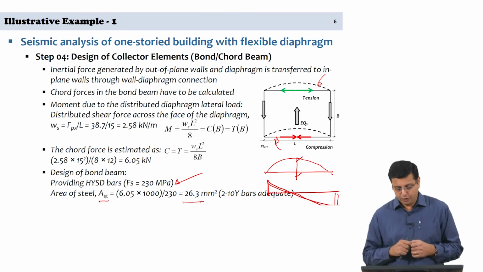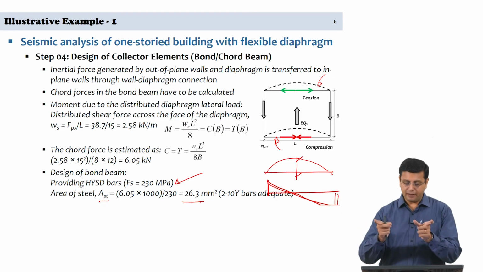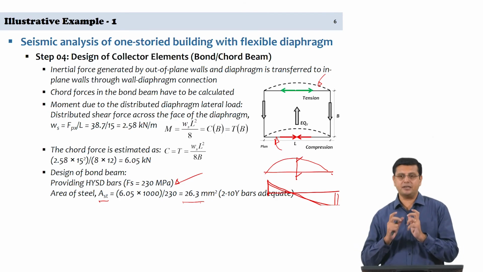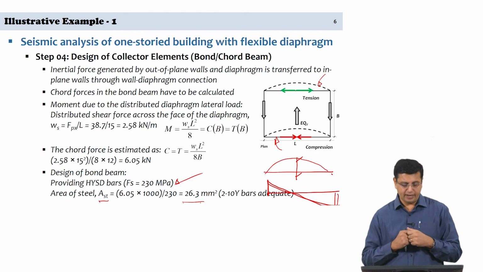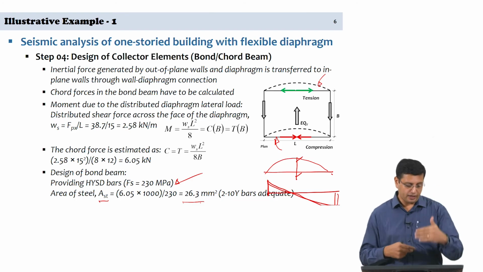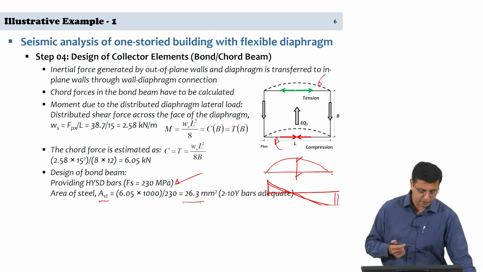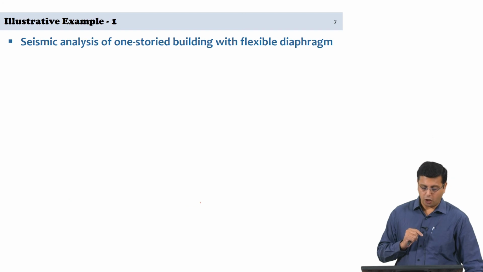We provide 2 bars of 10 mm, and as you can see, we will have tension or compression developing depending on the direction of the earthquake action. So, 2 bars are sufficient, but you can have reversal, and therefore, you are going to provide 2 on each face of the beam cross section itself. So, we will have 4 bars in the cross section of the chord beam.